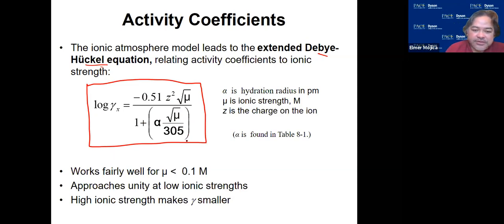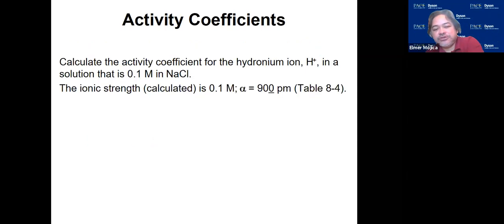They found that it is useful if the ionic strength is less than 0.1, and it approaches unity at low ionic strength. So a high ionic strength makes the activity coefficient smaller, which is what we saw earlier based on the figure that was shown to you.